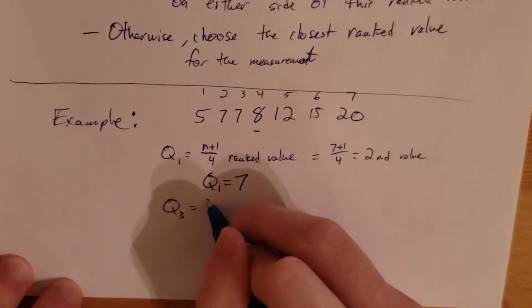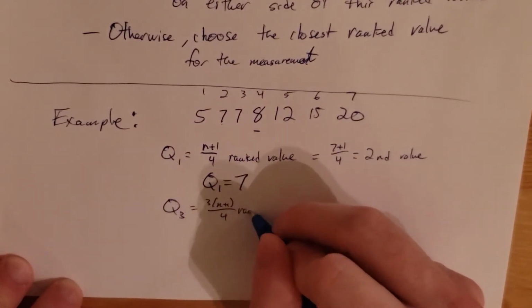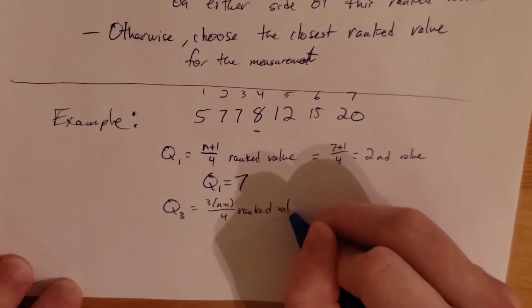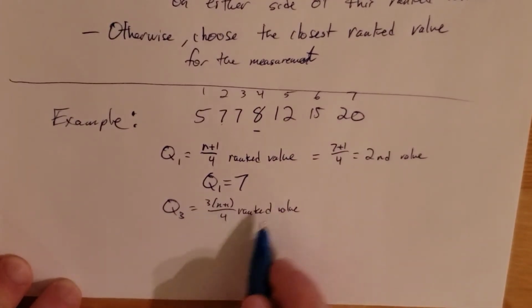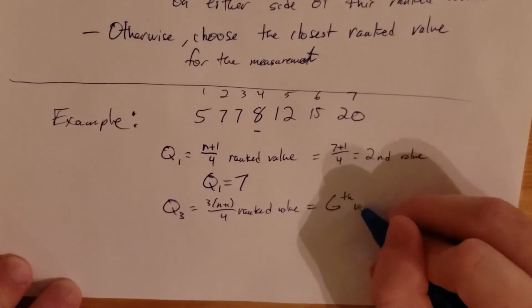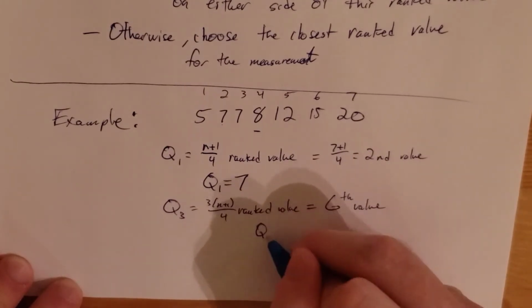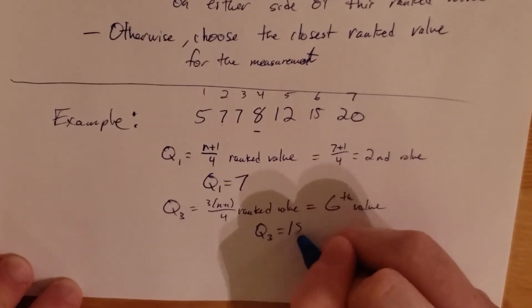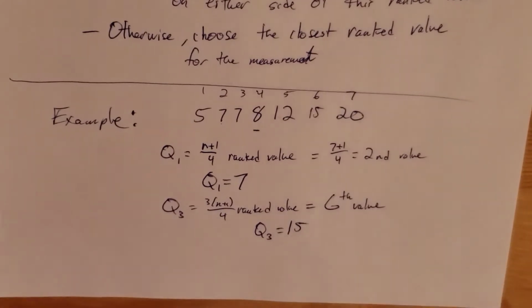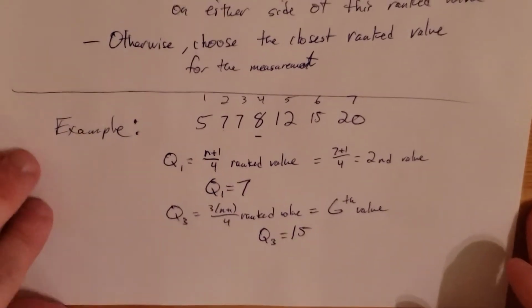Q3 is 3 times n plus 1 over 4th ranked value. So this is 3 times 2, so the 6th value in our list. So that means Q3 is 15 here. Okay, well that was an easy version because these worked out to be integers.